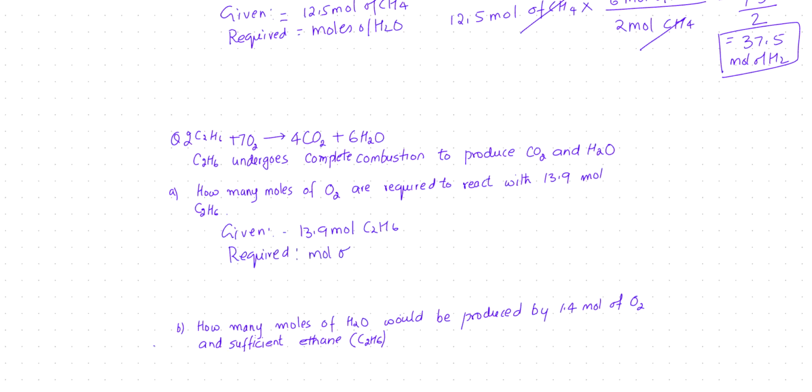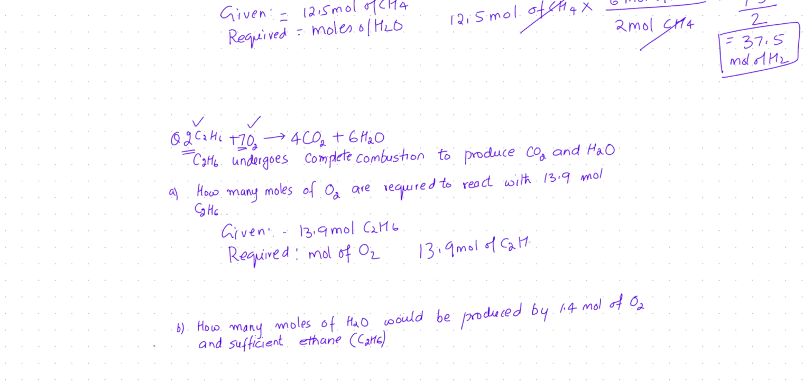So now they are comparing ethane and oxygen. So this is ethane and oxygen is this. The mole ratio is 2 moles of ethane combined with 7 moles of oxygen. So first we write the given amount, that is 13.9 moles of ethane, C2H6, times the mole ratio.